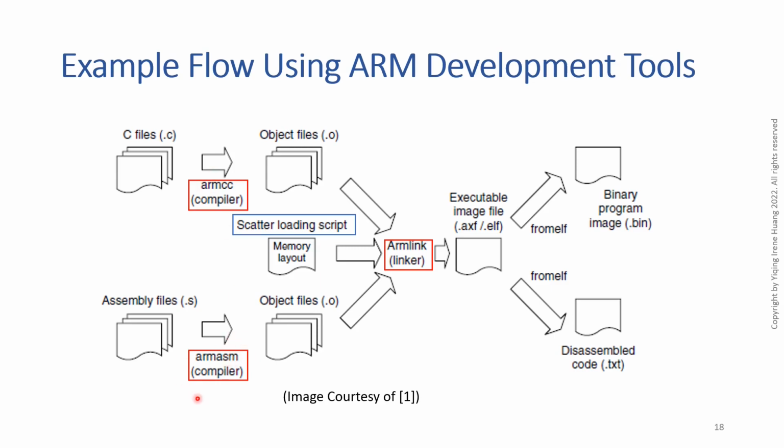And this assembly code also gets compiled into object code. Now all these object codes are linked together by the ARM linker according to a certain memory layout, and then finally generate the executable. And for our case, it is the .axf file, which we can load to the board.